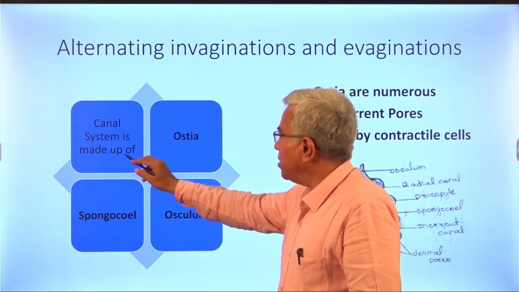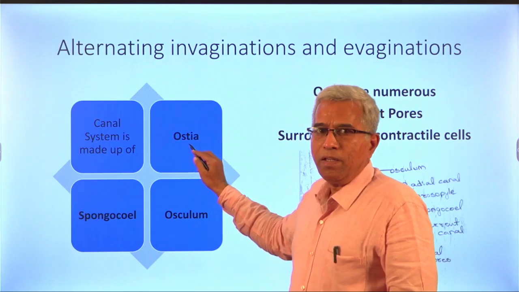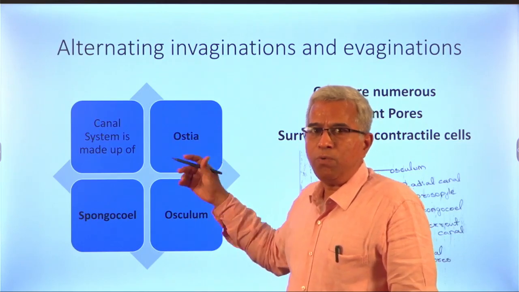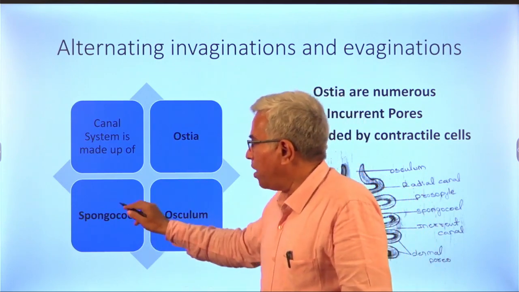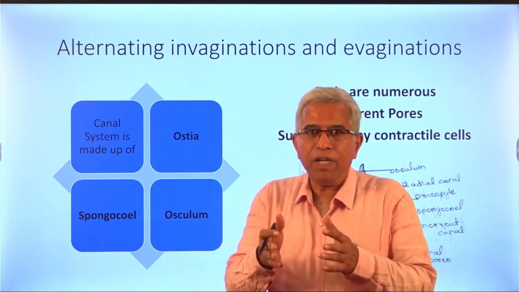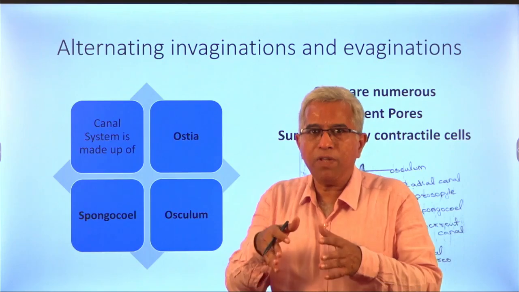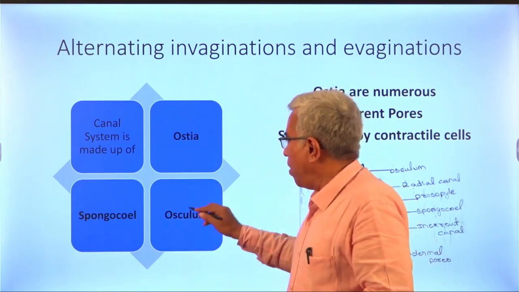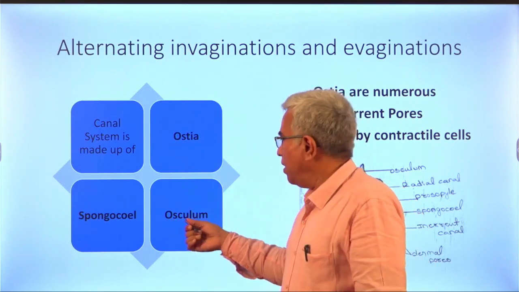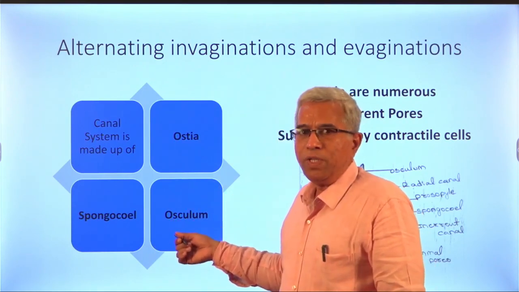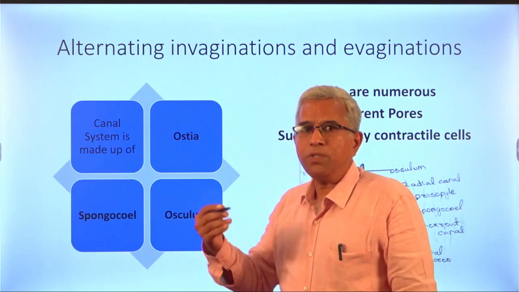This canal system is made up of ostia, which are nothing but the pores through which water enters into the body of the sponge. Spongiocele, which is a cavity that is present inside the body of the sponge. Osculum, this is the exit. That means osculum is the pore through which the water goes outside.